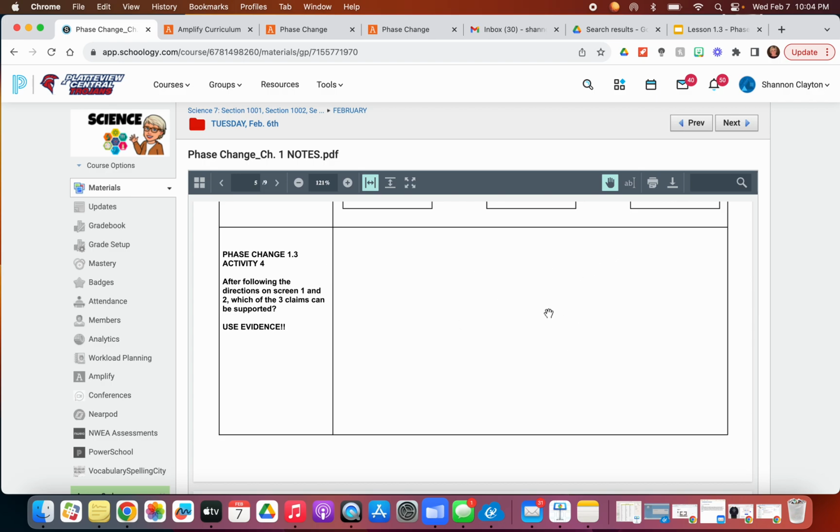Okay, so you're going to go ahead and fill this in, explaining which one of those 3 claims is correct, and make sure that you use evidence from the sim to support, and I want you to use evidence from the sim to refute the other 2 claims. There's only one that can be right, the other 2 have to be wrong. Make sure that you're using really good evidence to explain which one is correct, which ones are wrong.